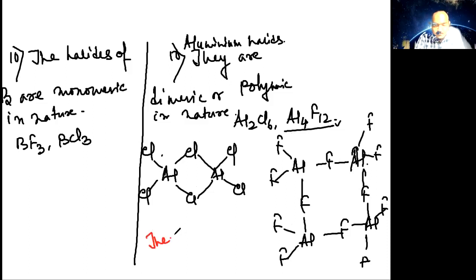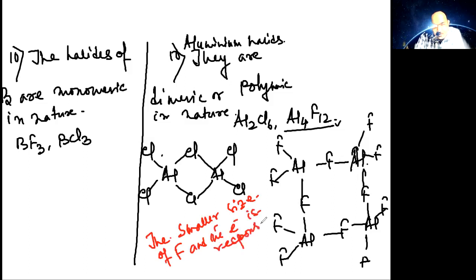The smaller size of fluorine and the electronegativity is responsible for this kind of structure. So this is number 10. We can find out many other properties also.